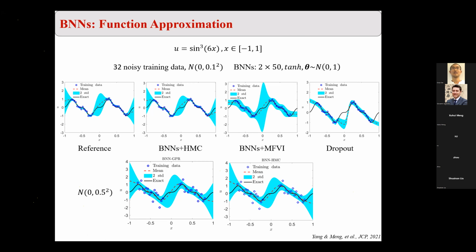If we look at the comparison between the reference solution and the BNN with HMC, you can see that for regions where we don't have training data, the uncertainty is very large.